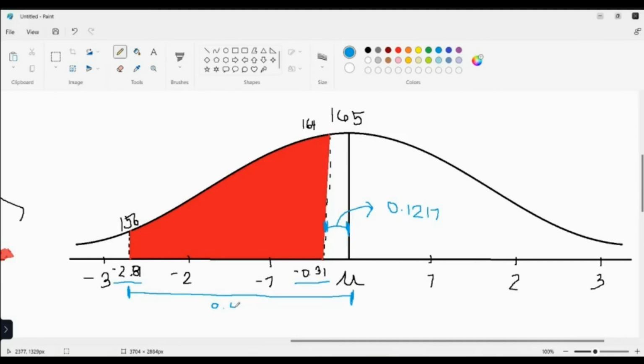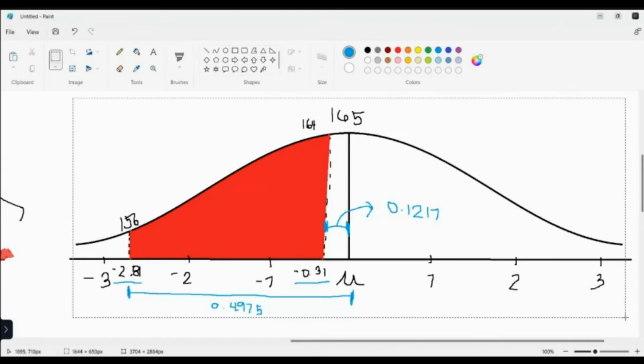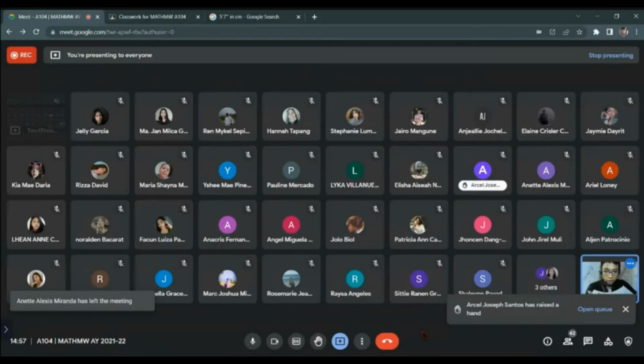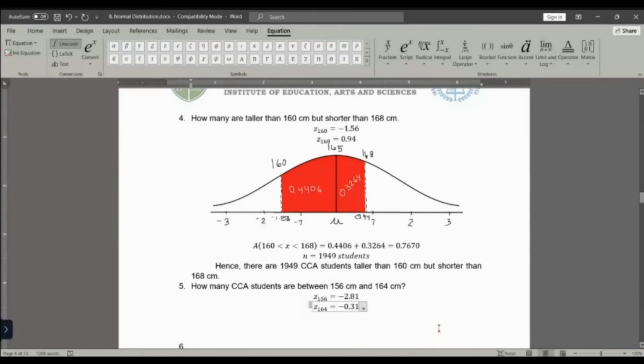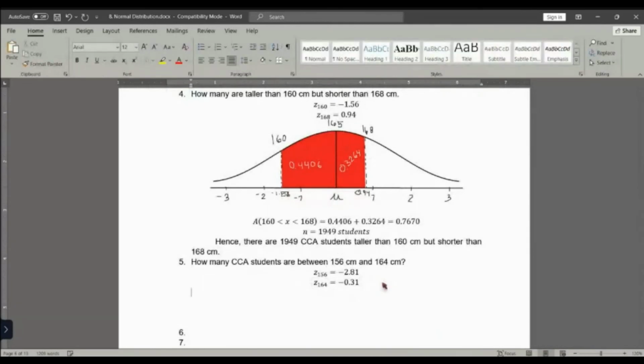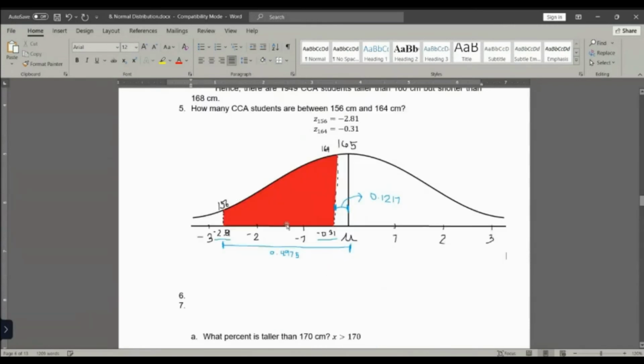So from here, we can already observe the difference between the two cases. Kanina, this example number 4 natin, the z-scores are on the opposite sides of the mean. They are of different sign, negative and positive. Here, as you can see, they are both negative and they lie on the same side of the mean. Specifically, nasa left side sila pareho.